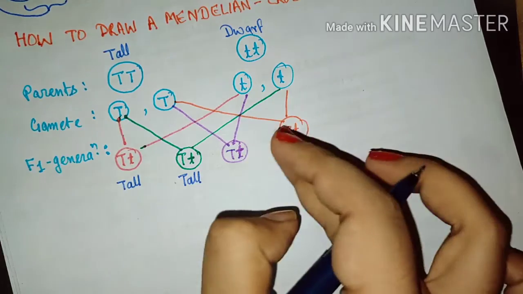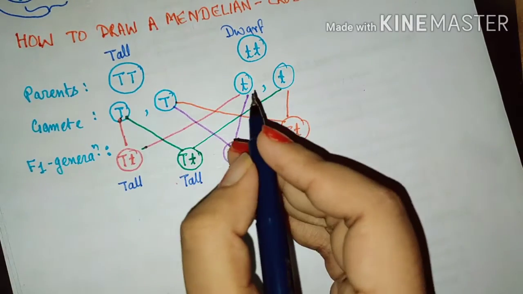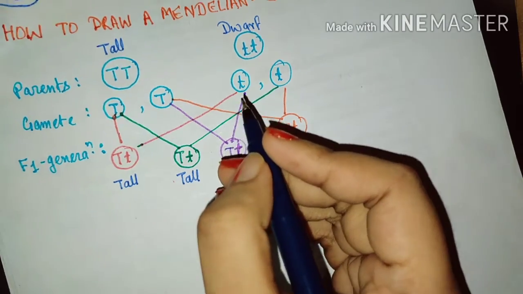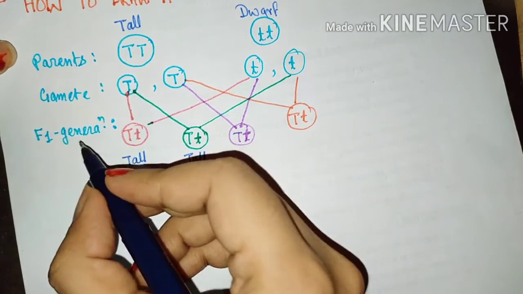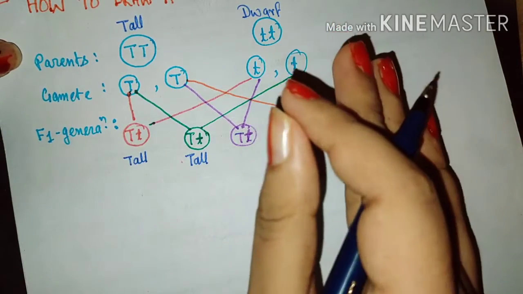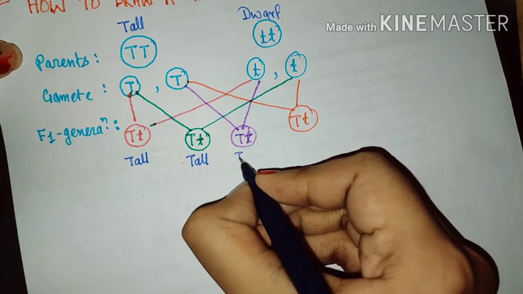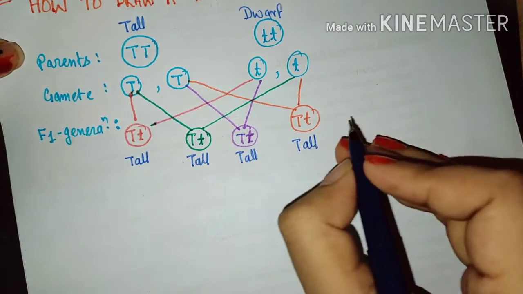Means all the four progeny formed in the F1 generation. Here you have to pay attention. This will build up your concept. So in the F1 generation of the monohybrid cross, all the progeny formed will have the same genotype and the same phenotype. Genotype will also be same and phenotype will also be same.